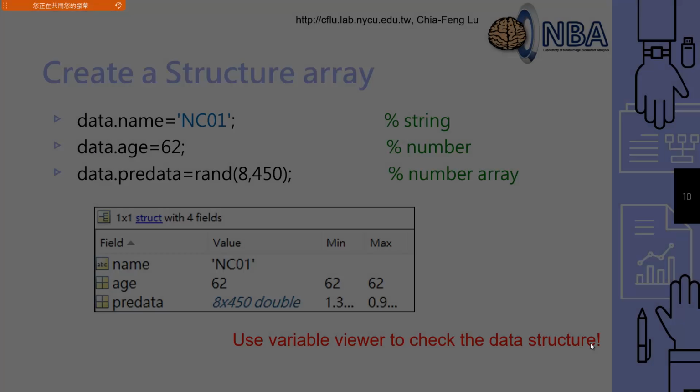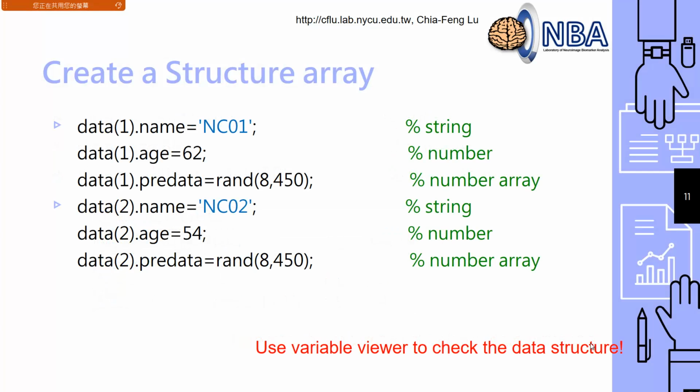So let me do this. What you are going to do right now, I'm going to ask you to add in the second subject's data. You can skip the first part because you have already input the first subject.